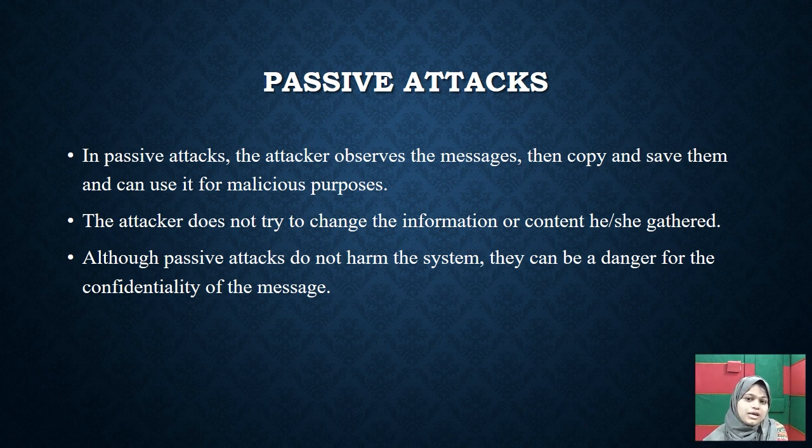Such an attack is a passive attack, where the attacker just observes the messages. It does not alter or modify the content of the messages. But such attacks harm the confidentiality of the message. If the friends are talking about something very confidential and the third person is listening, the confidentiality will be violated.